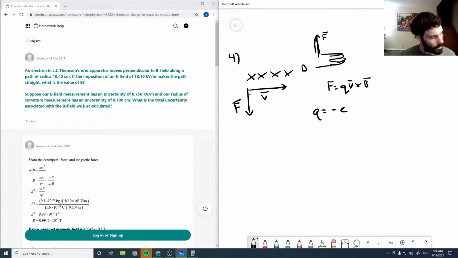That's not super necessary for this question, just an aside. So our force is QV cross B, which, as they're perpendicular, can be just written as QVB.